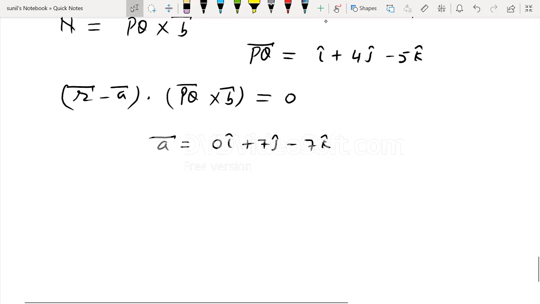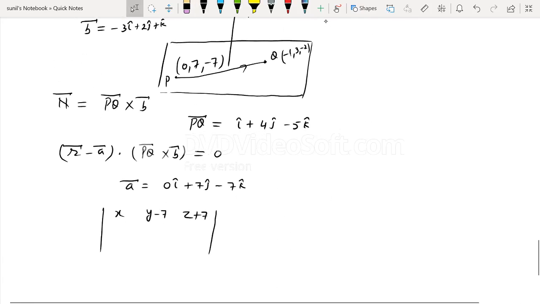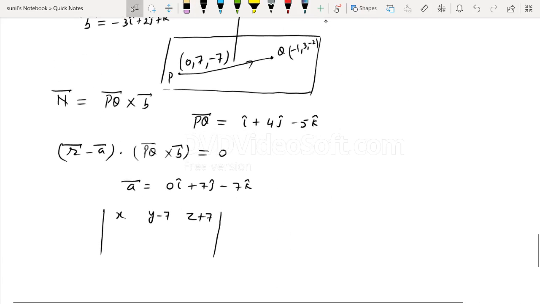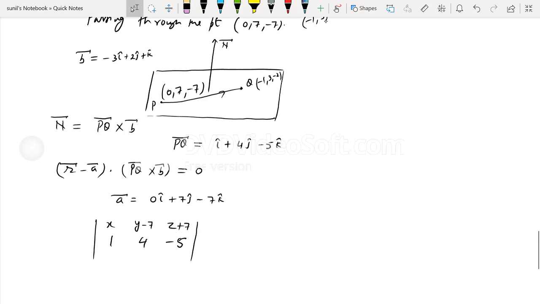Now we can get this equation. It is nothing but a scalar triple product, that is x, y minus 7, z plus 7, and PQ vector, that is 1, 4, minus 5, and b vector is minus 3, 2, 1. Now this determinant should be there. Now let us simplify it.